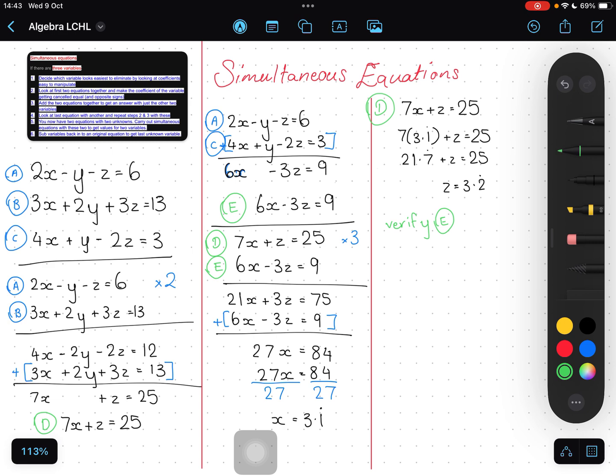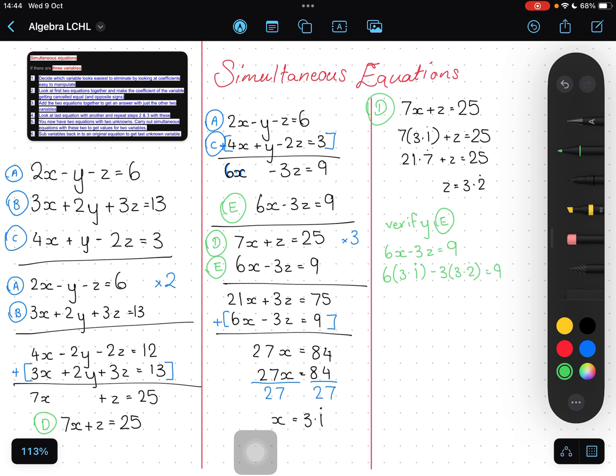So I'm just going to verify using the other original equation. Again, apostrophes around original, because it is something that I came up with. So it's going to be 6 times 3.1 recurring minus 3 times 3.2 recurring is equal to 9.